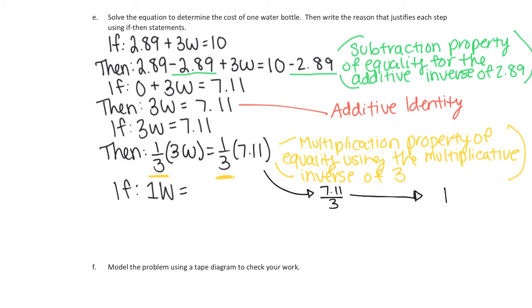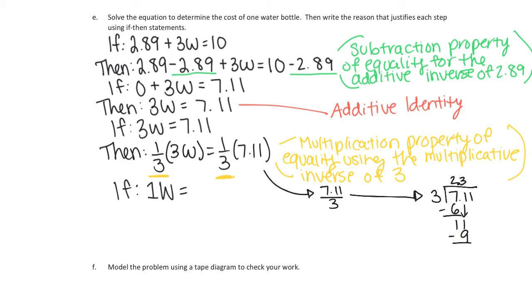So I have 7.11 divided by 3. How many times does 3 go into 7? Well, that is 2 times. 3 times 2 is 6. 7 minus 6 is 1. Then I'm going to bring down my other one. How many times does 3 go into 11? That is 3 times. Make sure to put our decimal there. And 3 times 3 is 9.